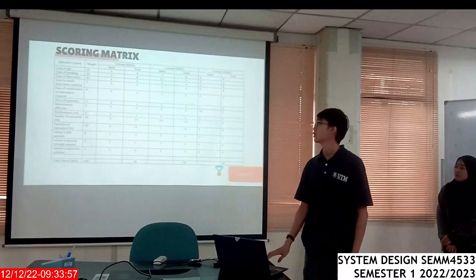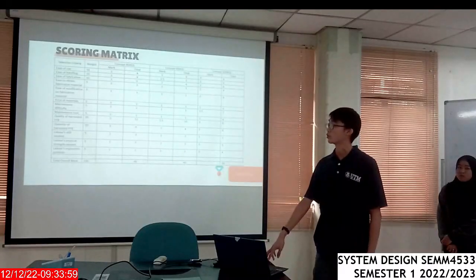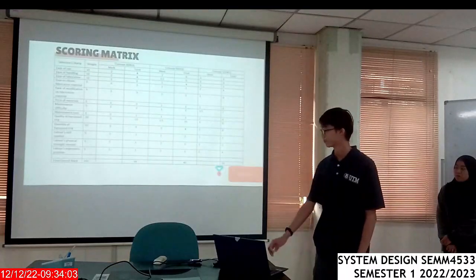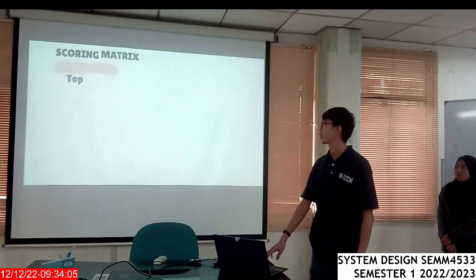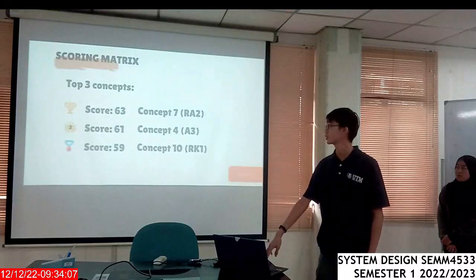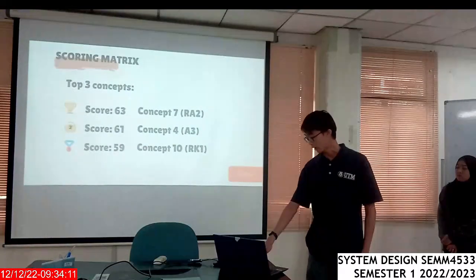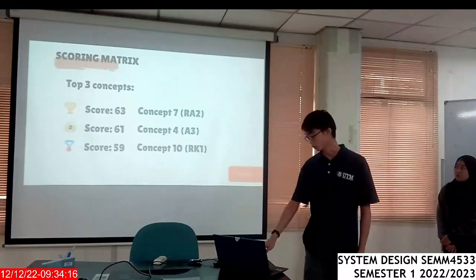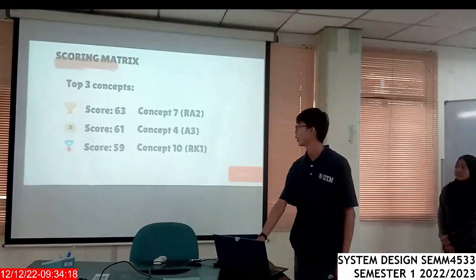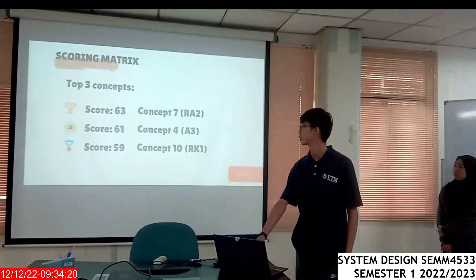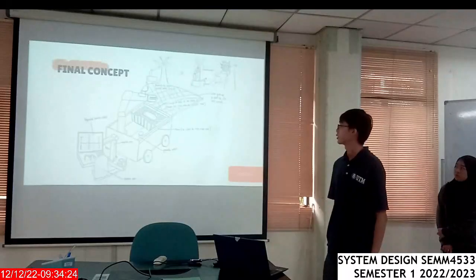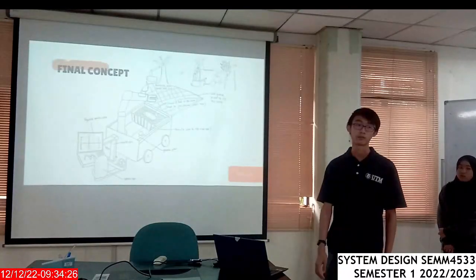These marks are given based on the weightage and after discussion within the members. So now we have the top 3 concepts with the highest marks. After discussion within the group members, we decided on the final concept, which has the score 63, concept 7. And this is the final concept we have.